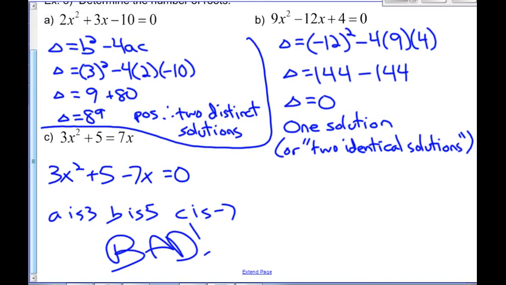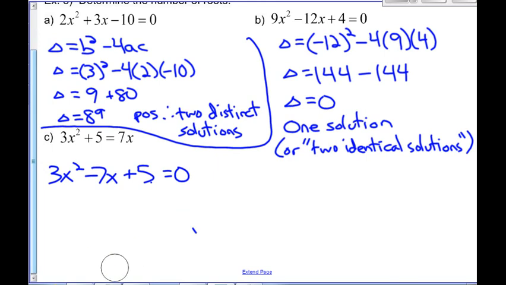It's not just because you wrote the 5 second that it becomes the b. The c is going to be your constant term. The b is your coefficient of x. And a is your coefficient of x squared. So we should write it in descending powers of x, and that way we won't mess it up. A is 3, b is negative 7, c is 5.